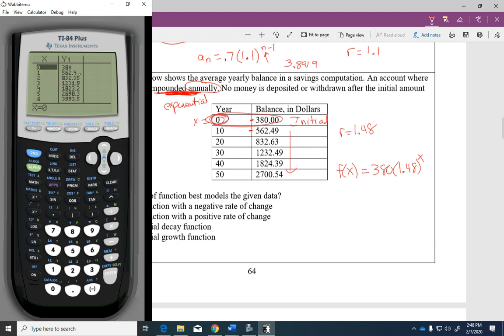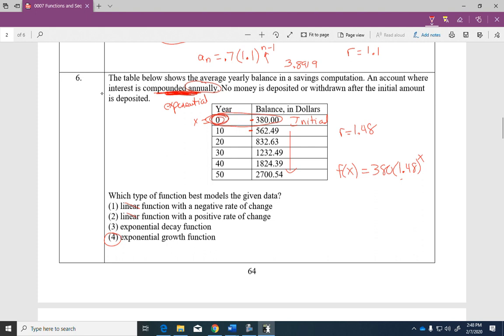At 1, it's 562.4. At 2, it's 832. And I see that the change is off a bit. I hope you're realizing that the change is off a bit because I did round this, right? I used 1.48 when what we saw on my calculator was a bunch of other stuff after it. So this is close enough to what's happening in the table. I just wanted to go through that in case there's a question on your test where a real life situation occurs and you have to write your function.